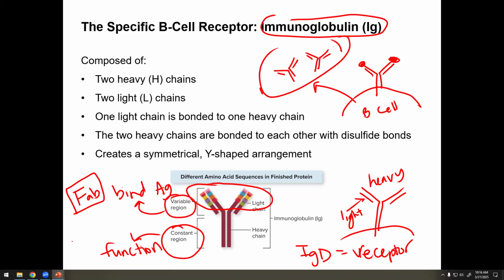The constant region has an even easier name, FC. FC, C for constant region. Okay, and so that's how we determine those based on their structure when we're analyzing their different structures with crystallography and things like that. The FAB will be our variable region, and the FC fragment, F is for fragment, is going to be determining the constant region and therefore the function of our immunoglobulin.